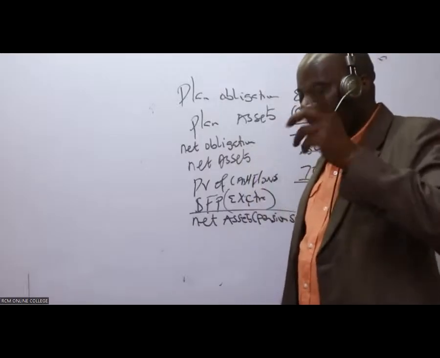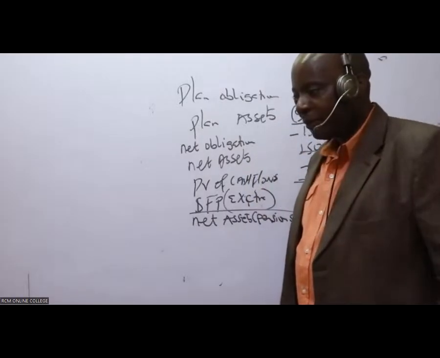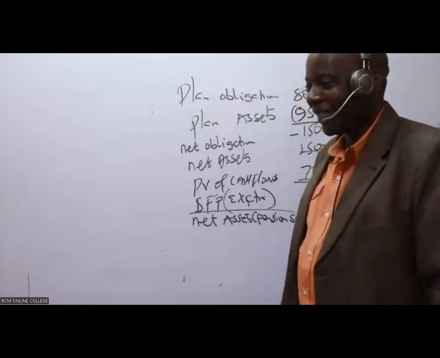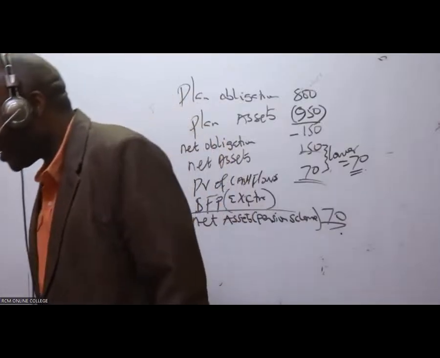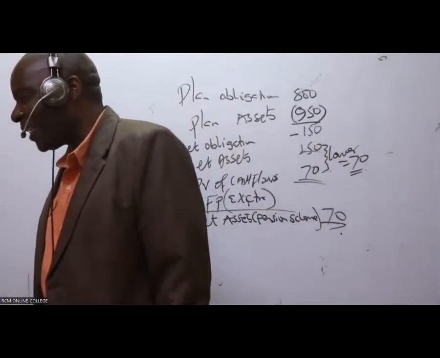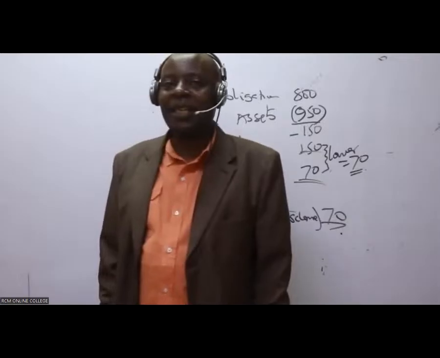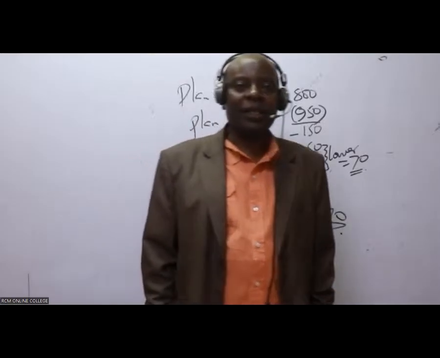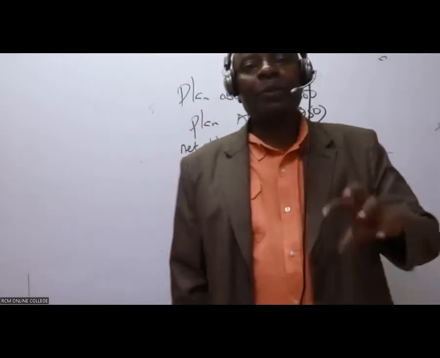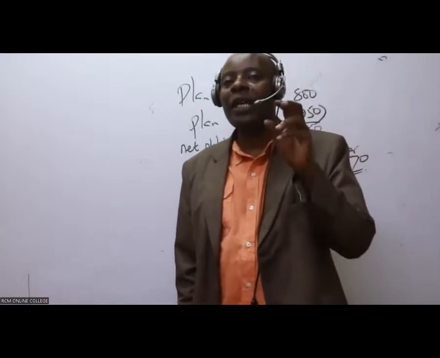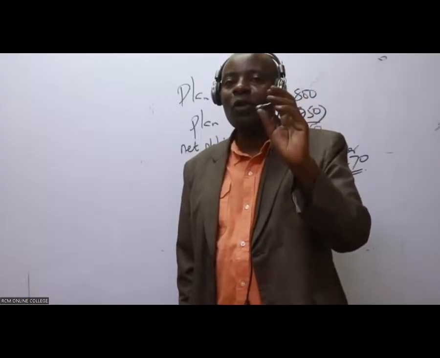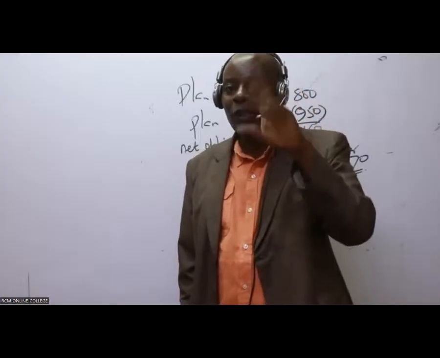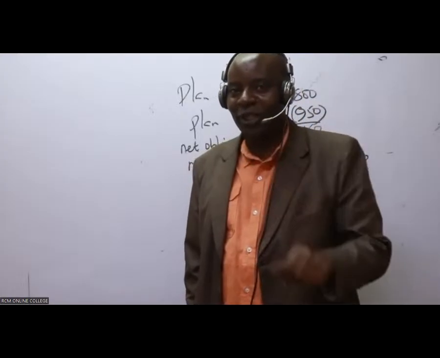What I'll never forget about this IAS 19 is the asset ceiling. So when you're explaining the asset ceiling, remember, first of all, it has to be a plan which has a net asset. When net assets are more, you must always look for the present value, and then you work with the lower. That's how you explain this in your theory.